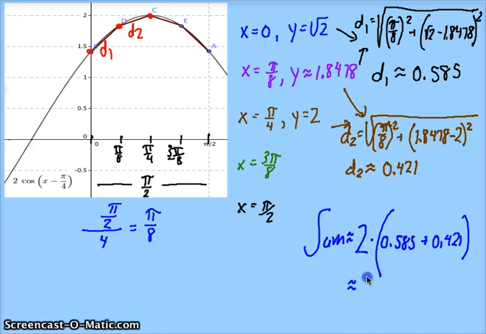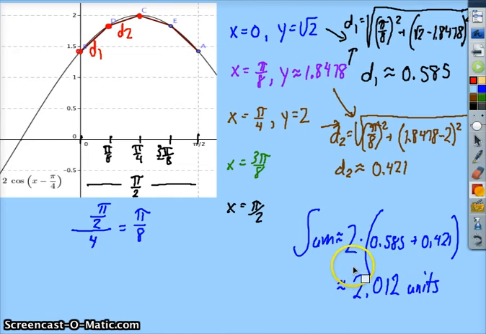And we get approximately 2.012 units. Okay, again, the big thing here, stay in radians. If you use degrees, you're going to get a very strange answer. All right, at least go out to 4 decimal places for trig. Don't round too early so that your final answer will be fairly accurate. All right, I hope that helps. Thanks for watching.